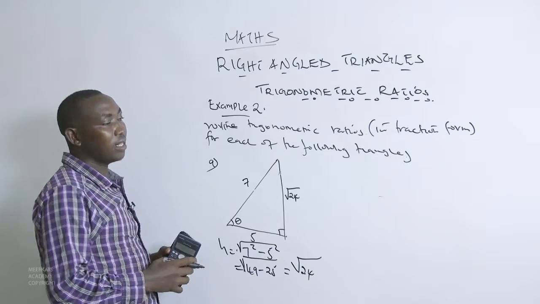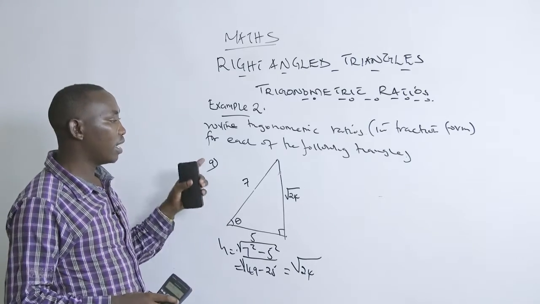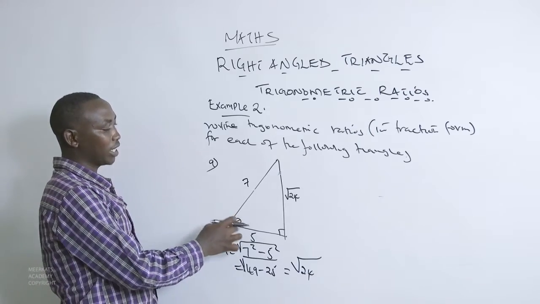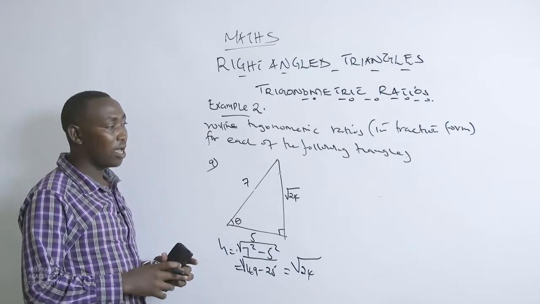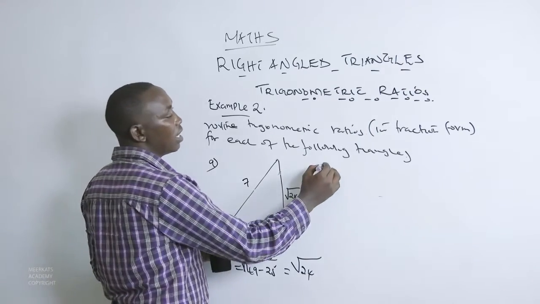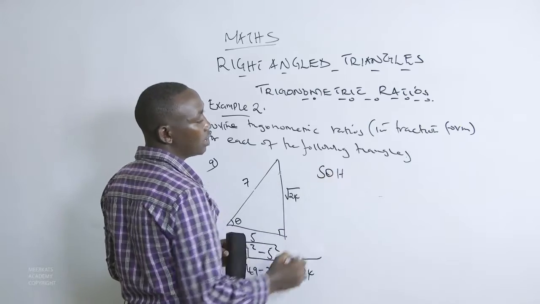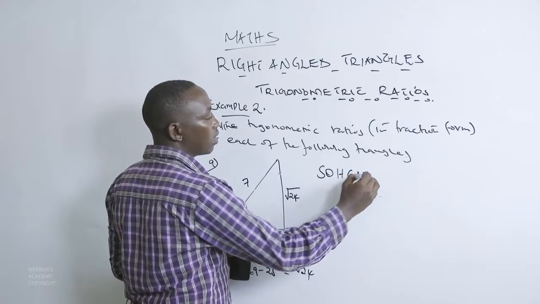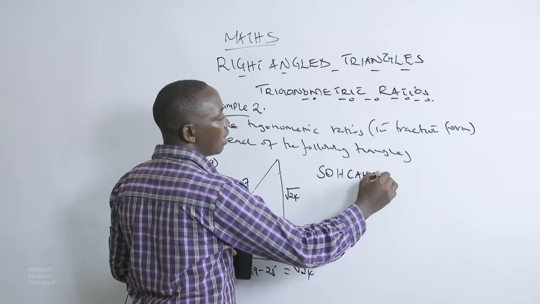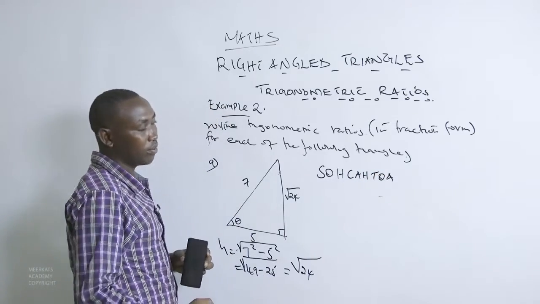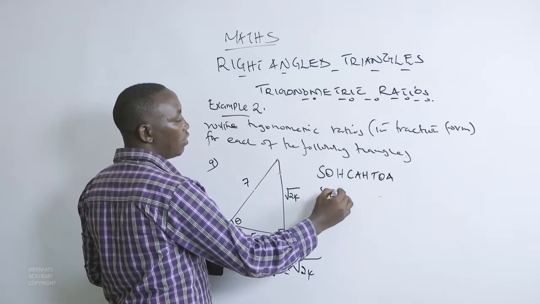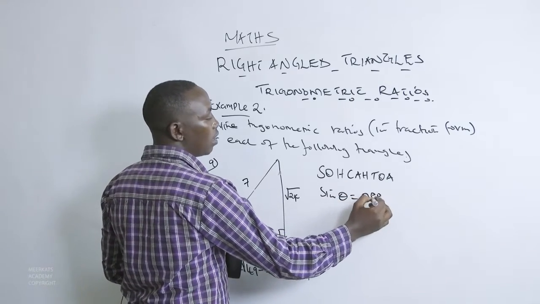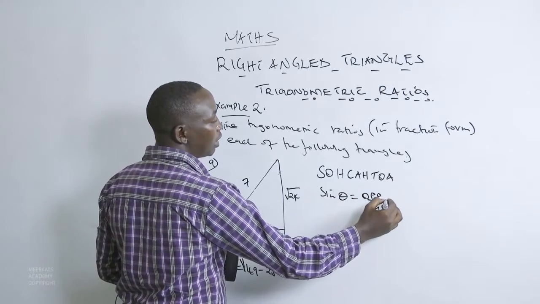Now we want to obtain the three trigonometric ratios of this particular triangle with respect to this particular angle theta. We had said the three trigonometric ratios are sine, cosine, and tangent. We had said that sine of theta will be equal to the opposite all over the hypotenuse.